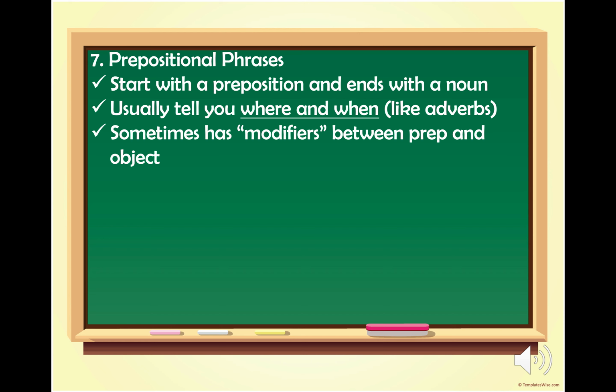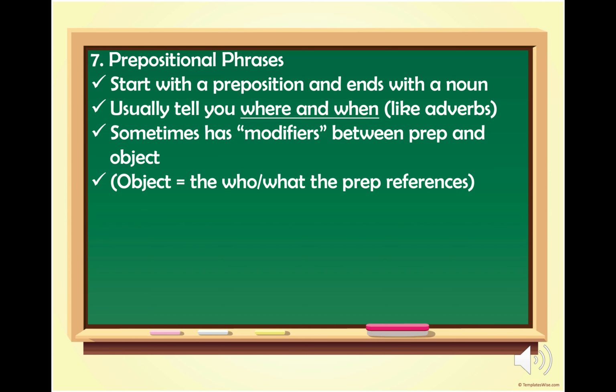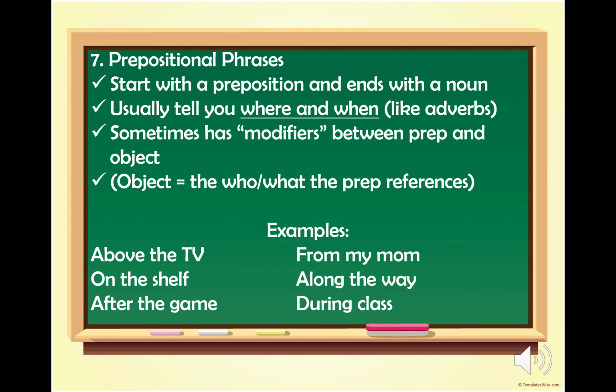Prepositional phrases can tell us where something is, like placement or locations. Oftentimes prepositions give us information about placement or locations. Sometimes there can be adjectives or adverbs in between. In a prepositional phrase, the object is the noun or pronoun that follows the preposition.